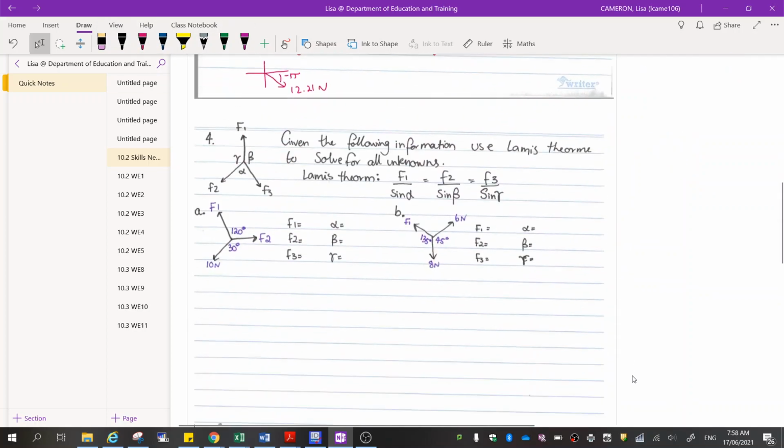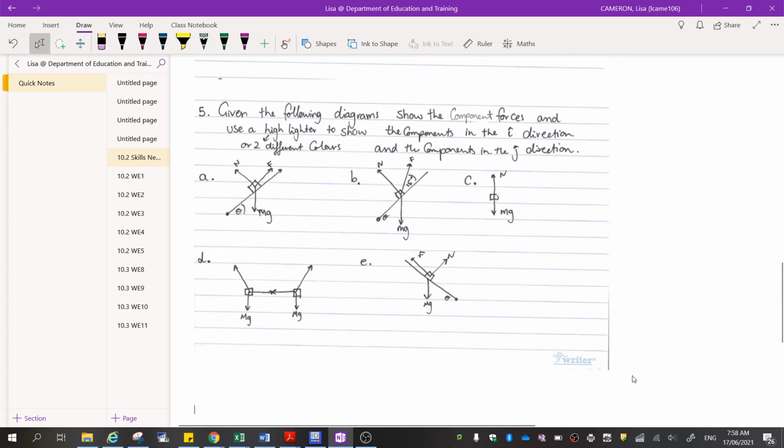Okay, so we're now going to look at the diagrams and show the component forces. So this just means that, see how I've got this N force here? Now, that N force is acting on this plane. Currently, that N force is perpendicular, but it's being dragged down by this force.